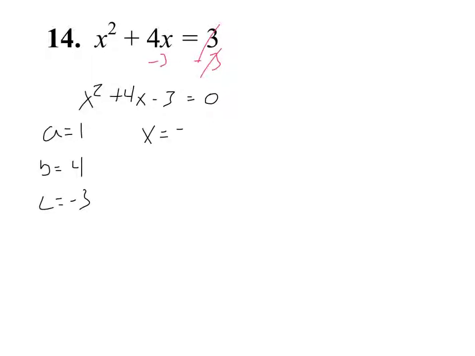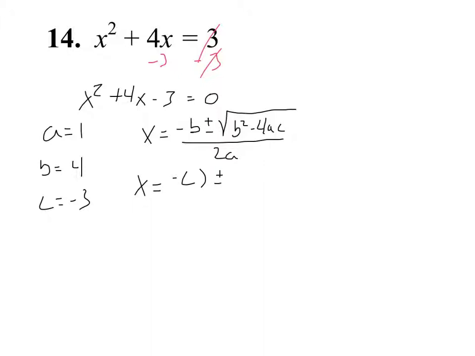So x equals -b plus and minus the square root of b squared minus 4ac all over 2a. So negative parenthesis plus and minus the square root parenthesis squared minus 4 times parenthesis all over 2 times parenthesis.